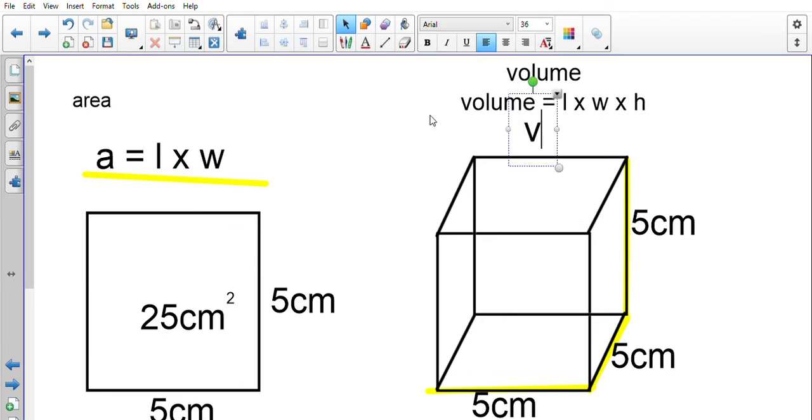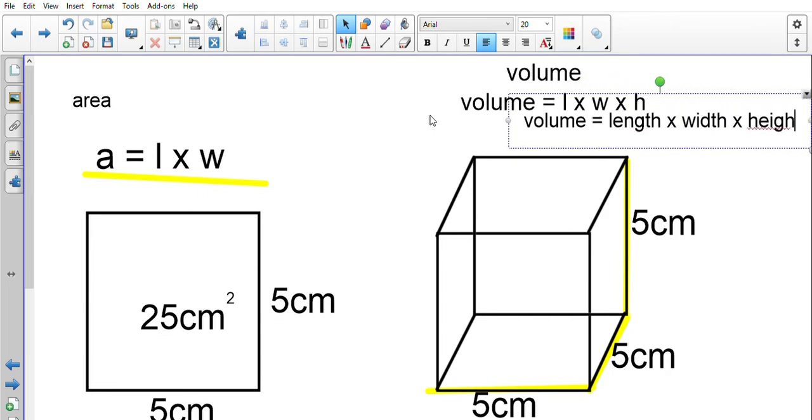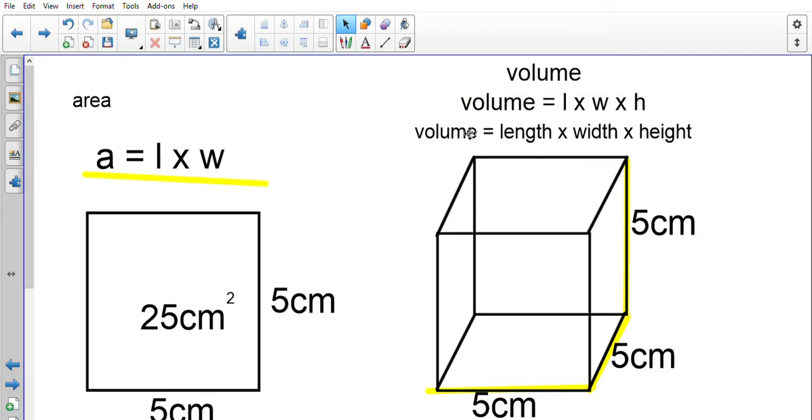So let's put that in actual words. Volume equals length times width times height. Okay, so that's going to give me 5 times 5 times 5.